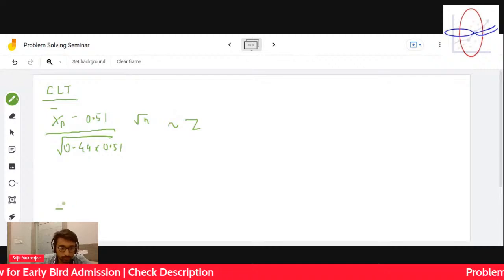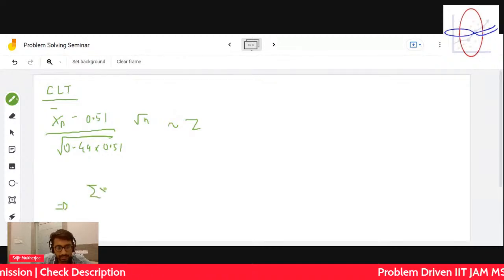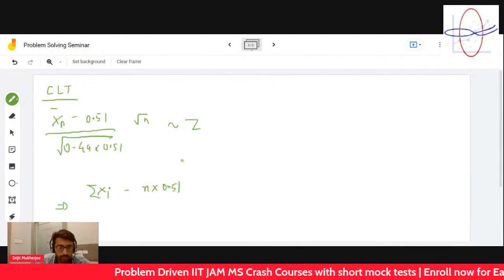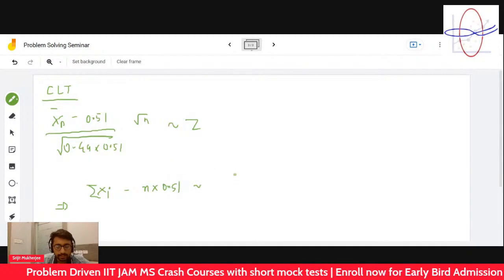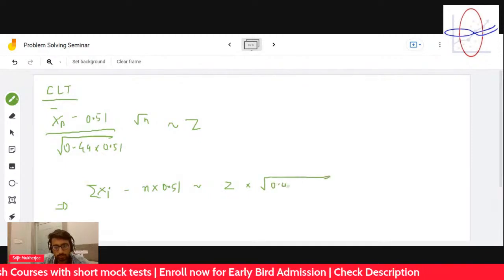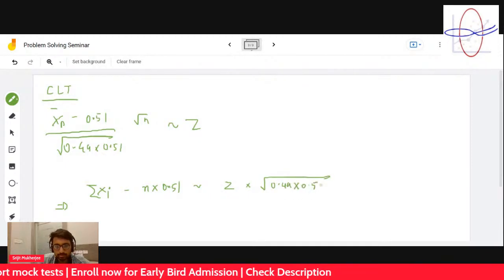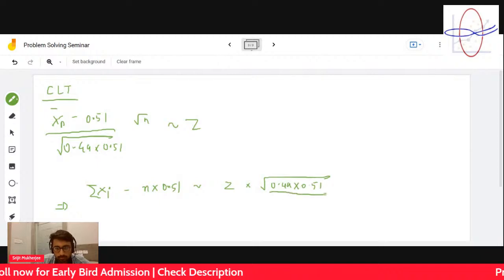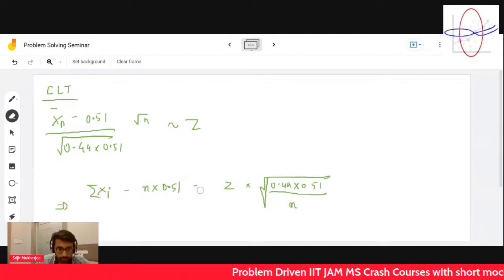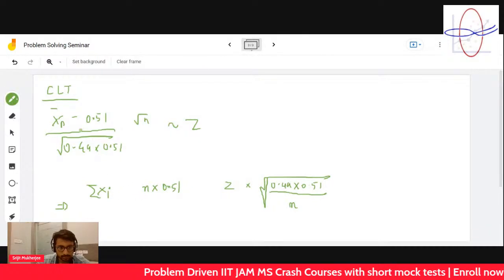And then what will we be doing? We will be doing summation xi by n, so minus n times this, behaves like z times 0.49 times 0.51 by root n over here, plus this. So we can do it like this.